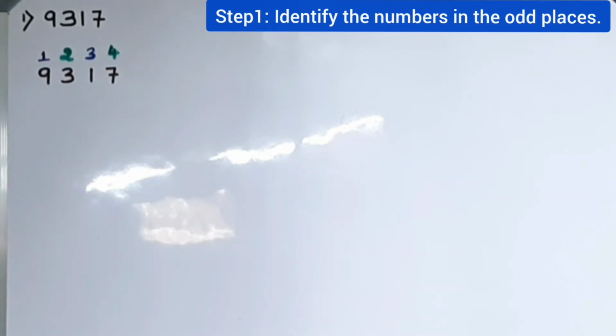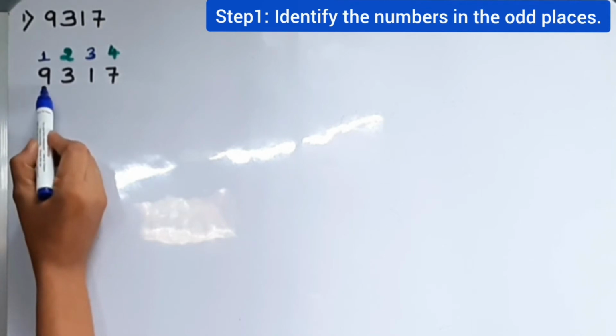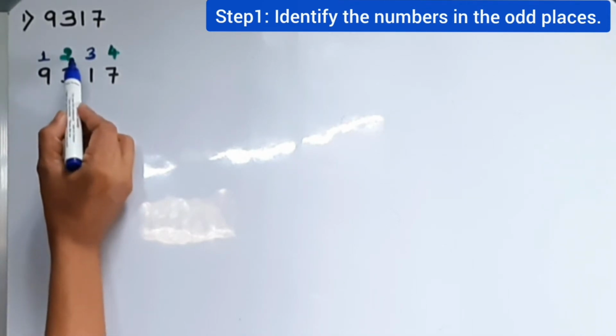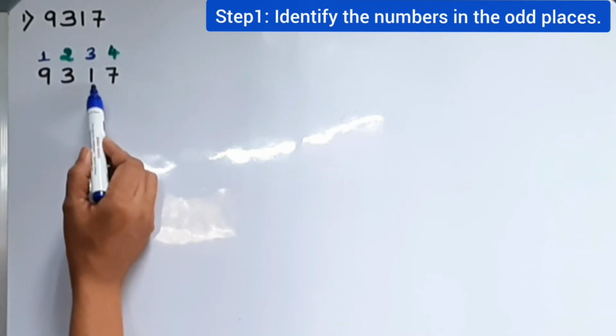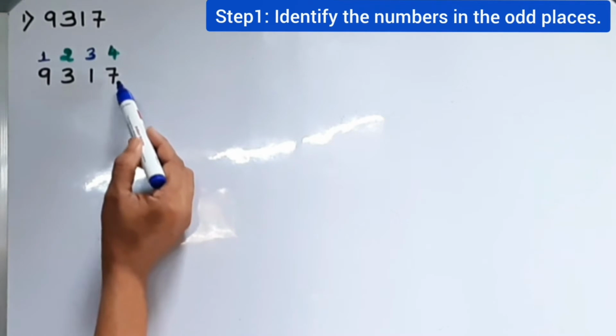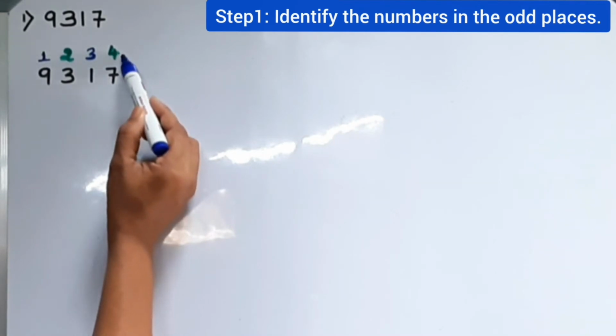Therefore, 9 is in the odd place, 3 is in the even place, 1 is in the odd place, and 7 is in the even place.